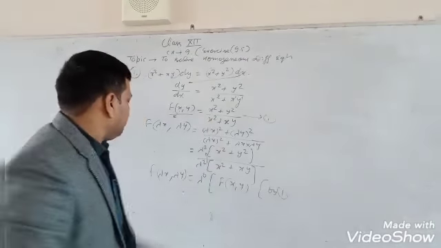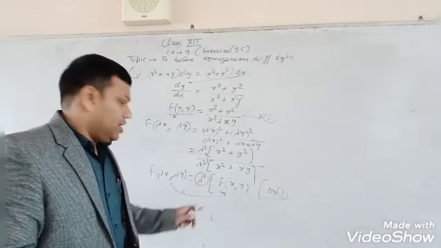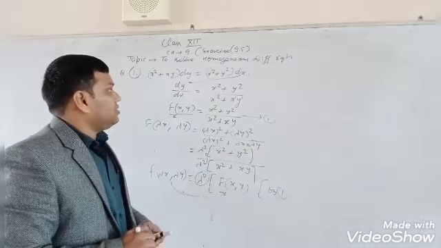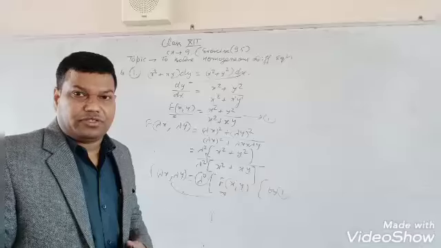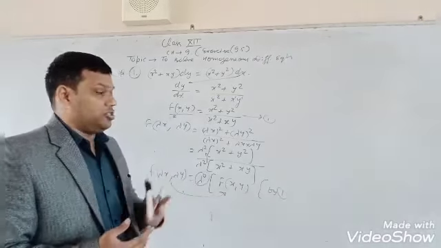And we already know it was f(x,y) from equation 1, and this is f(lambda x, lambda y). It means lambda to the power 0 times f(x,y), the same, only the difference is lambda to the power 0, which is 1. So that is said to be a homogeneous differential equation. This is the way to prove that it is homogeneous.